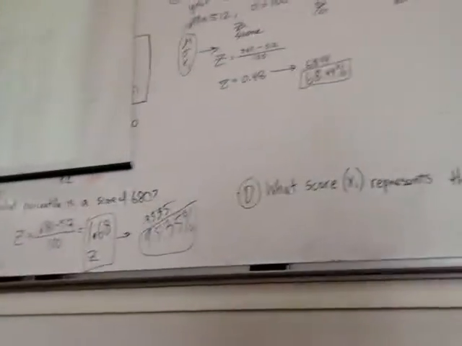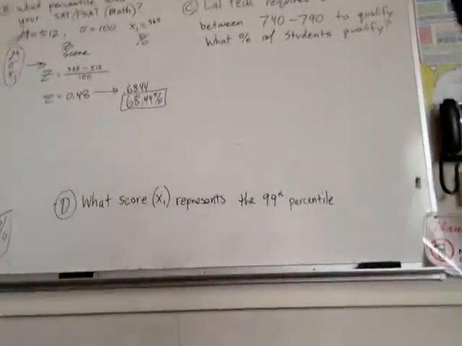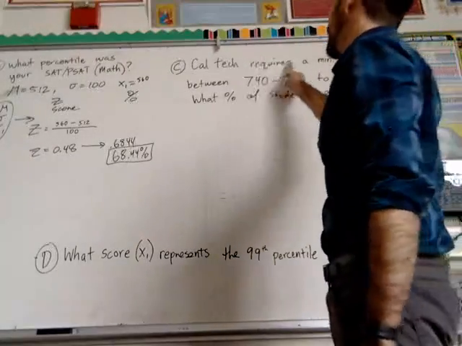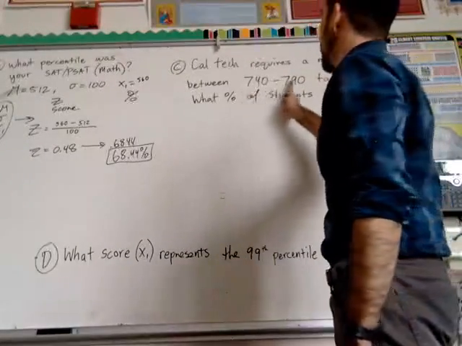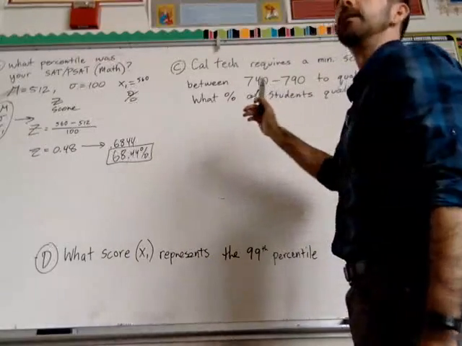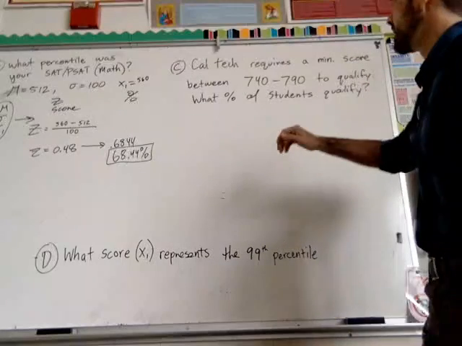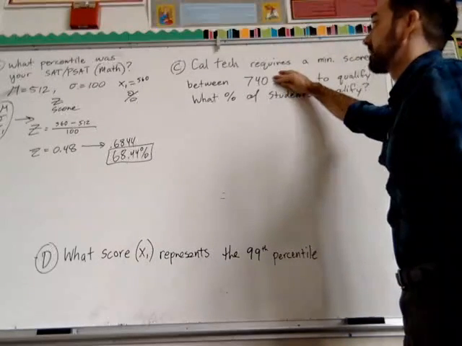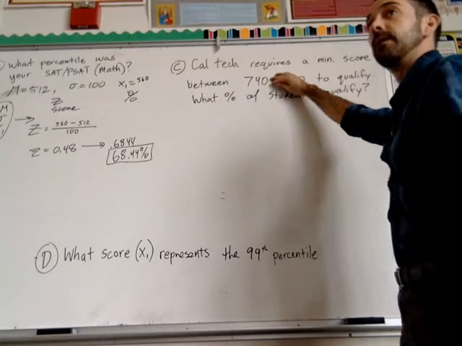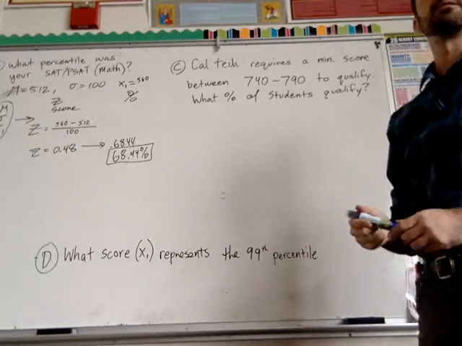Now, the reason being, Caltech requires a minimum score between 740 and 790 to qualify. What percent of students qualify? So here's the deal. If I said you need a 740 score to qualify, what percentage of students qualify, right? You'd be able to work that out in the same process we're doing.